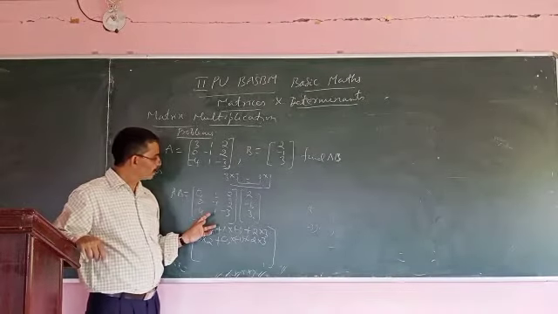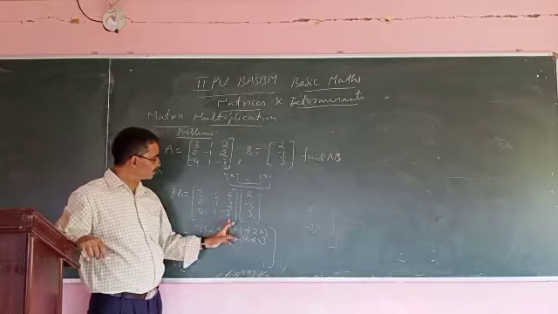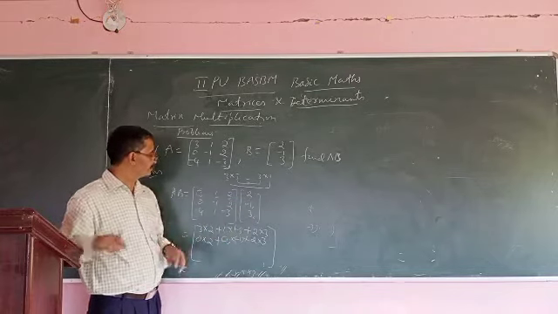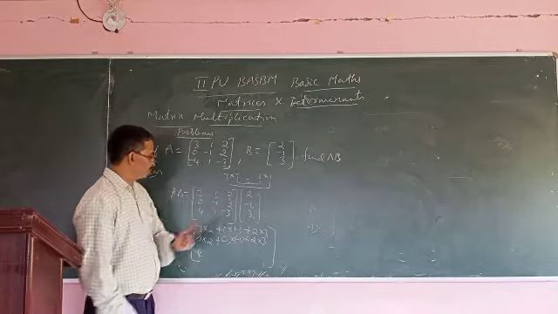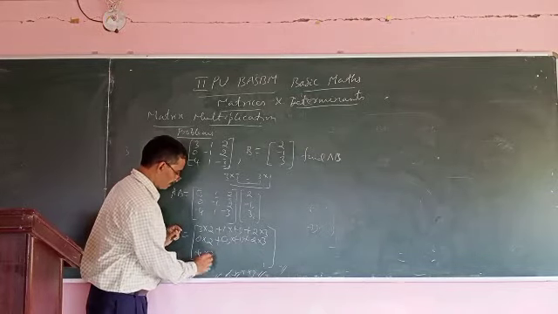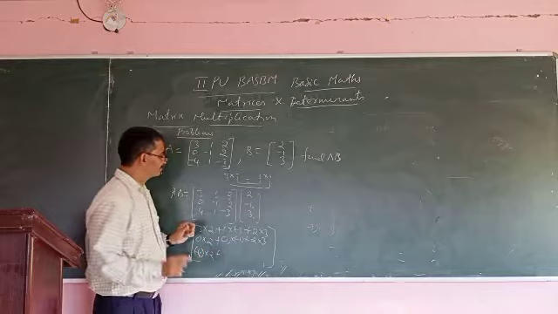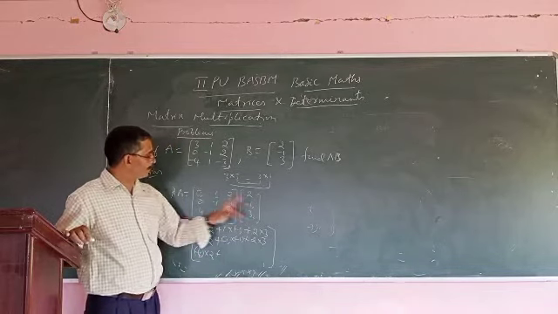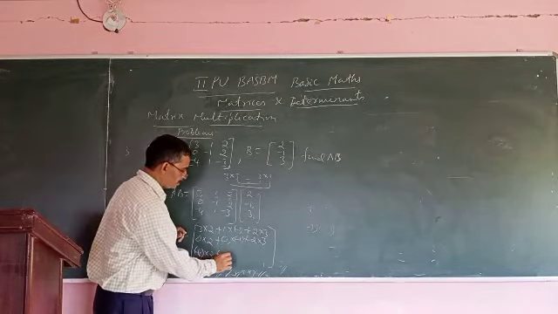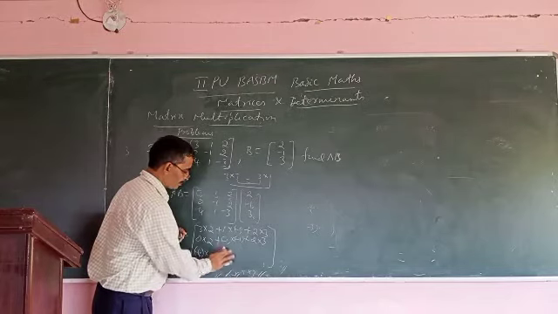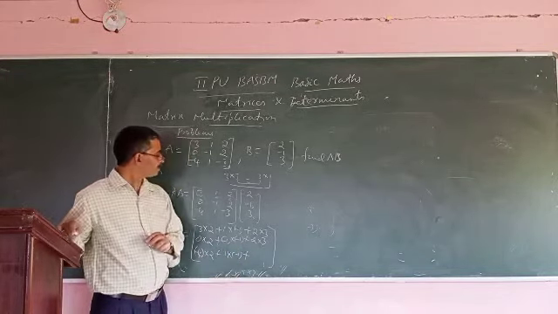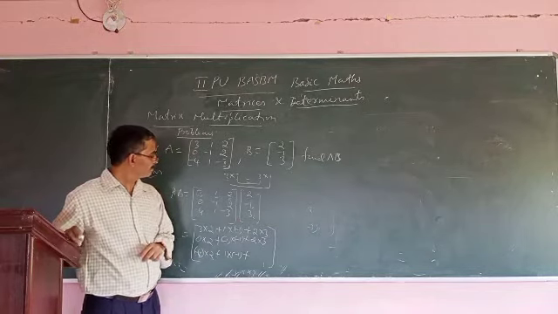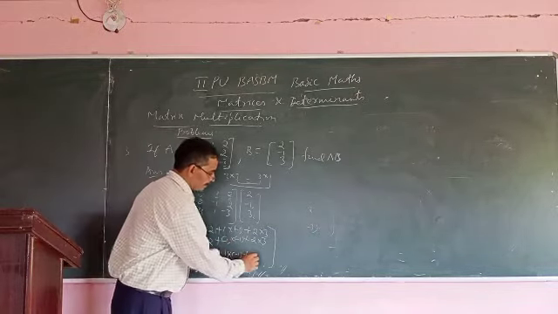Last one, the third row: minus 4 into 2, plus 1 into minus 1, plus minus 3 into 3.